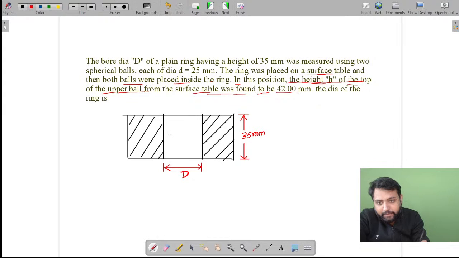It means they are saying that one ball they placed like this, and when they placed another ball on top of it, the diameter of each ball being 25 only, that ball went somewhere here. This is how the two balls were shifted there.